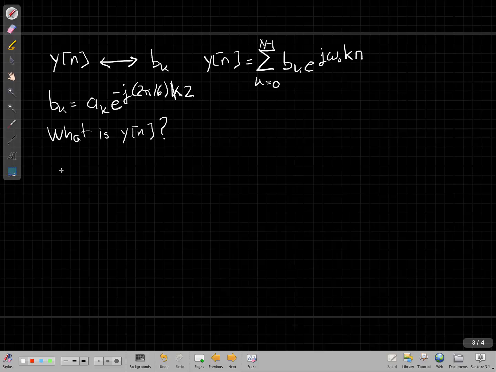If you look on your favorite Fourier properties table, the shifting property says if I shift in time by m samples, it's equivalent to taking the Fourier series and multiplying by e to the minus j omega naught times k times m. So shifting in time corresponds to multiplying by this complex exponential in the Fourier series.